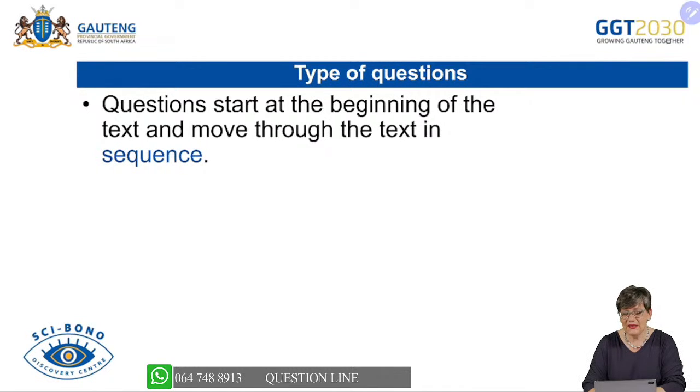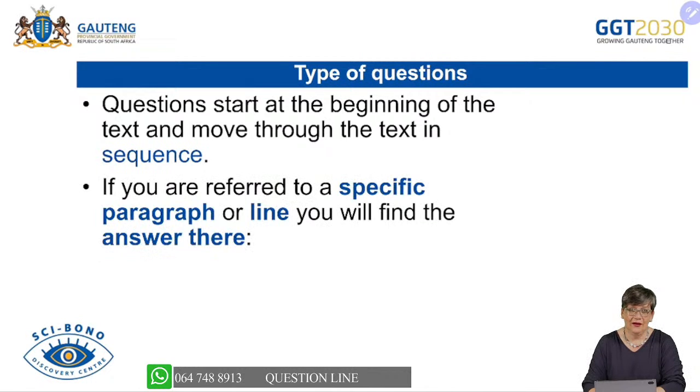The questions will start from the beginning of your text and move throughout the text in sequence. That means question 1 will usually be related to paragraph 1 or the title of your comprehension, for instance. Most of the time, the examiner will refer you to a very specific paragraph or line.